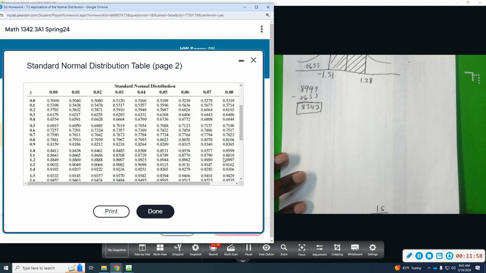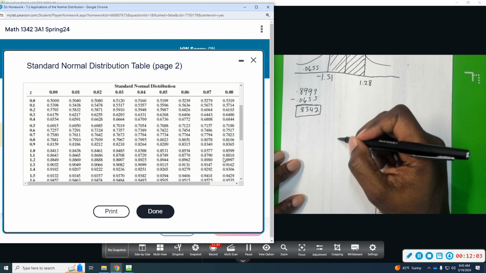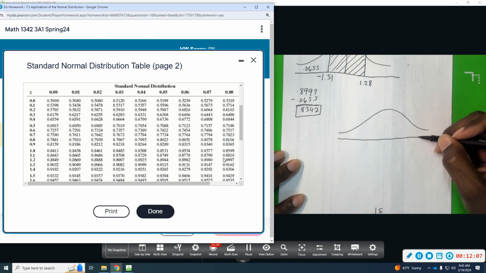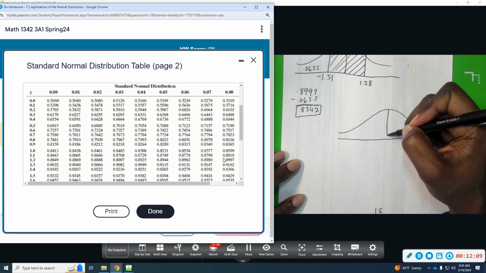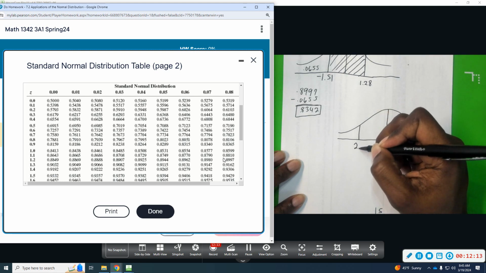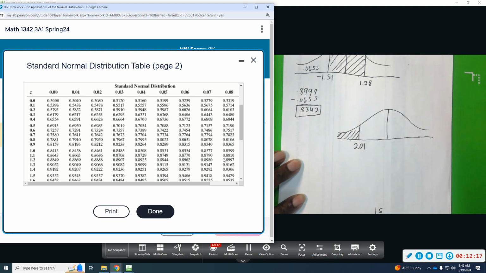And then the last type of problem you might see would be the area on the outsides. And when you do this, you're going to add them up. So let's say I want to find the outside of negative 2.01 and 2.16. I want to find left of that, and I want to find to the right of 2.16.